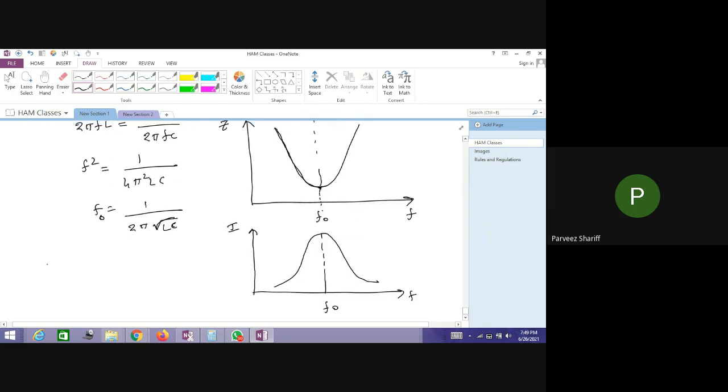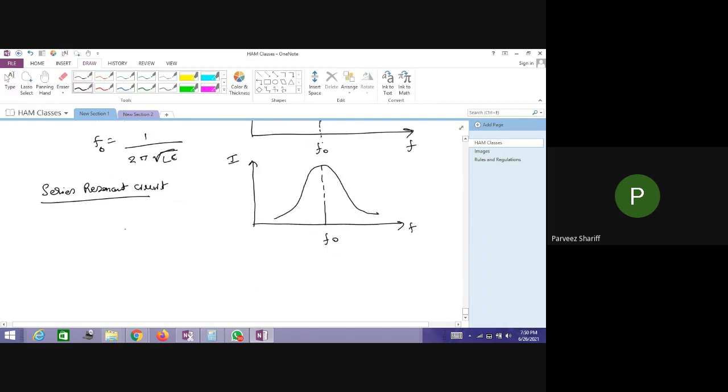So we can conclude that, in a series resonant circuit, whenever XL is equal to XC, its impedance is minimum, and the current at resonance is maximum.